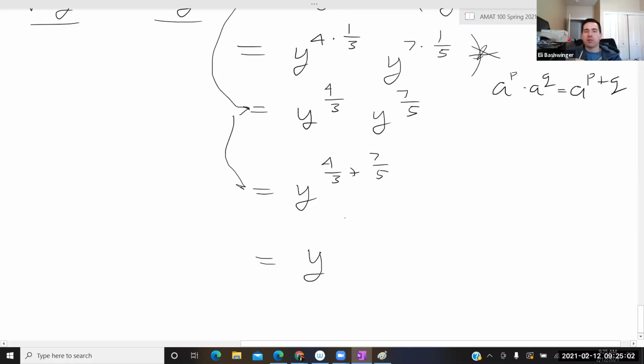We need a common denominator, so we multiply the first fraction by 5/5 and the second by 3/3. That gives 20/15 and 21/15, and adding them together gives 41/15.